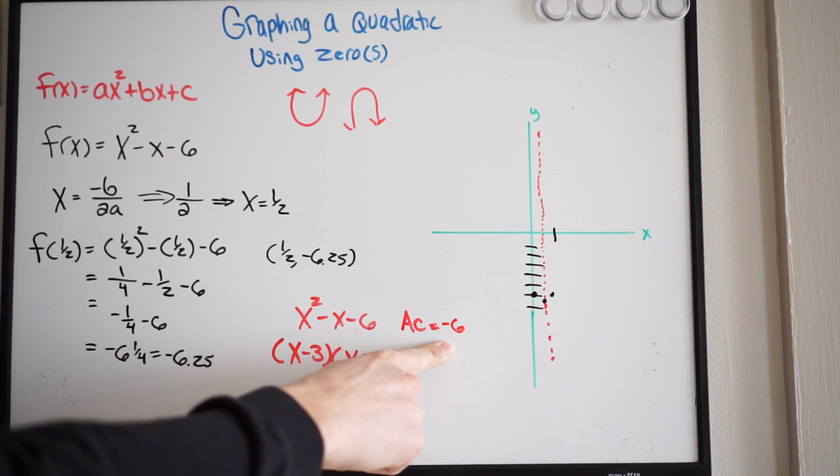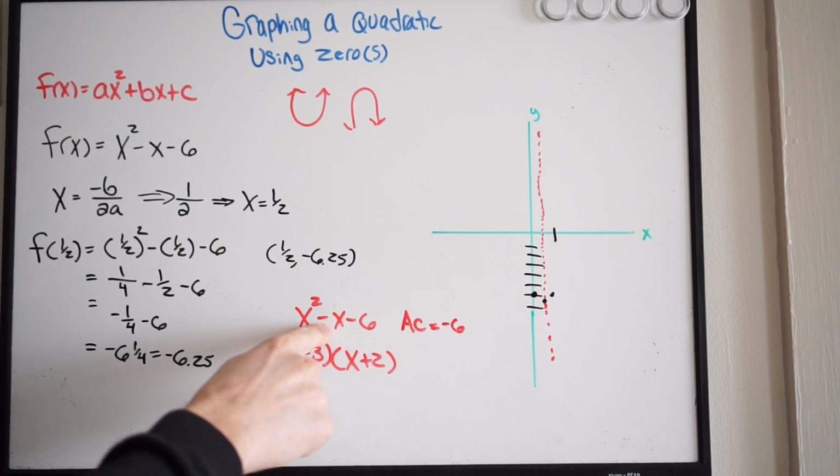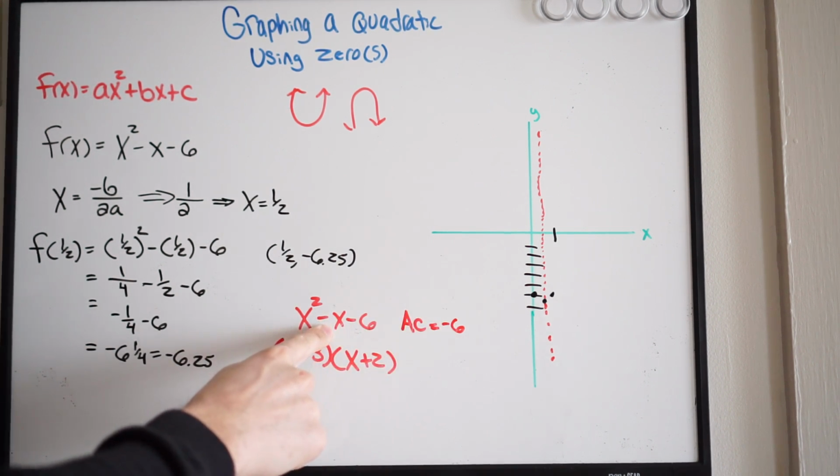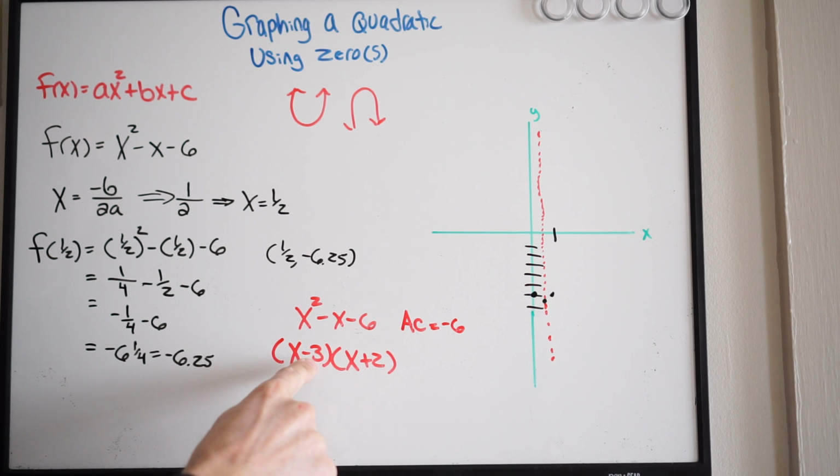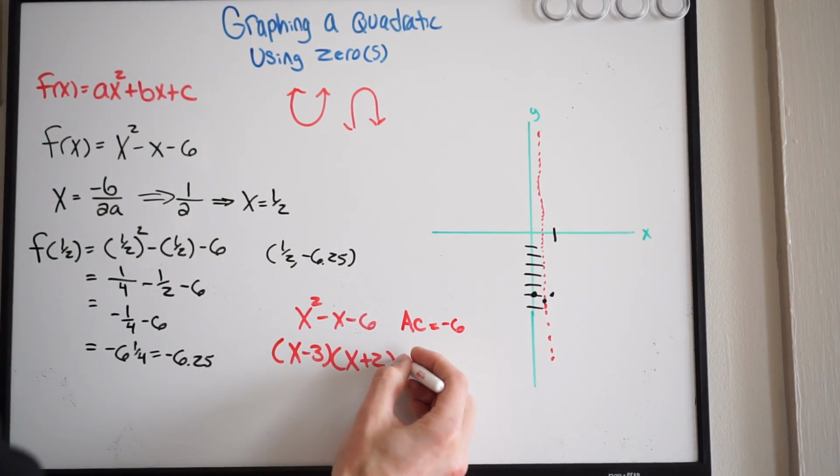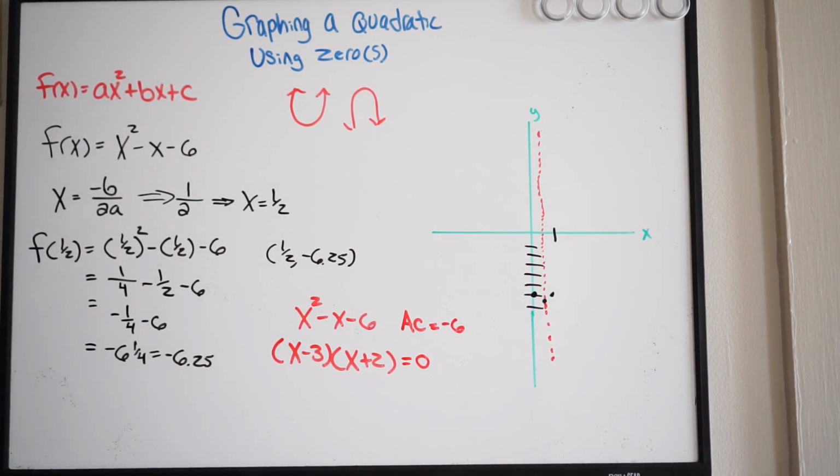So again, what two numbers when I multiply will be negative 6, but add up to negative 1. I think I misspoke. It's supposed to be negative 1. So that is going to be negative 3 and 2. Again, negative 3 times 2 is going to be negative 6. Negative 3 plus 2 is going to be negative 1. Okay, and now at this point, this is all equal to 0. Because remember, we're solving for the zeros.